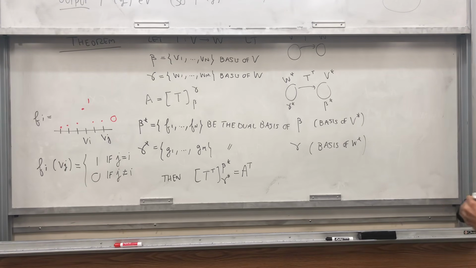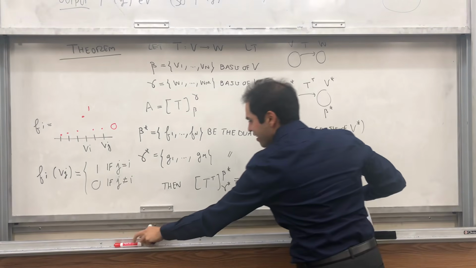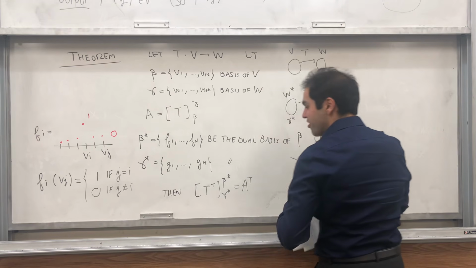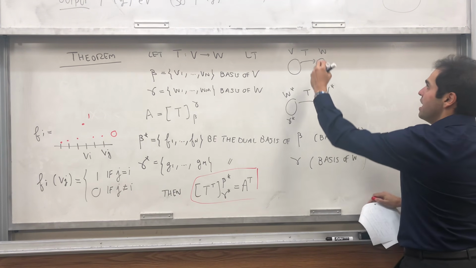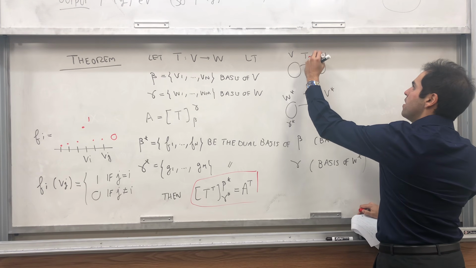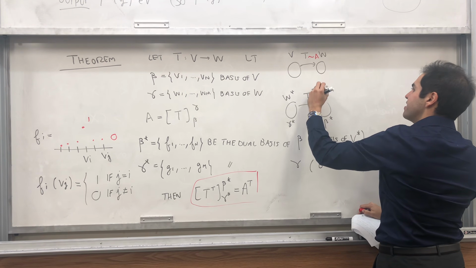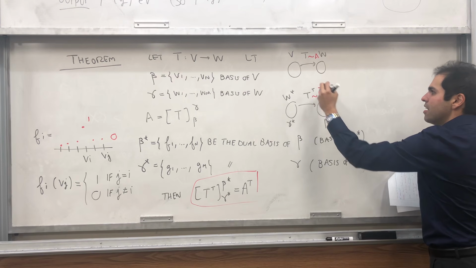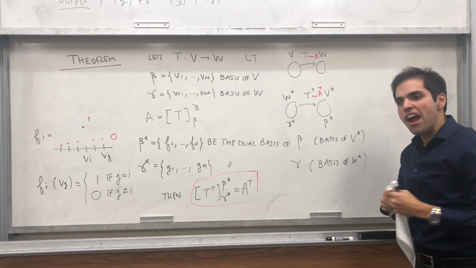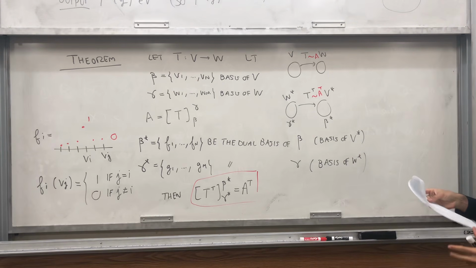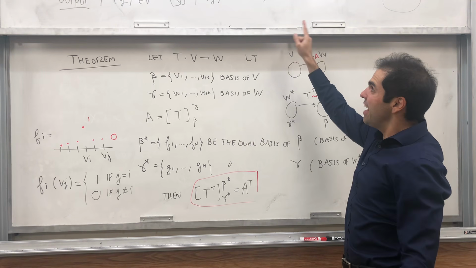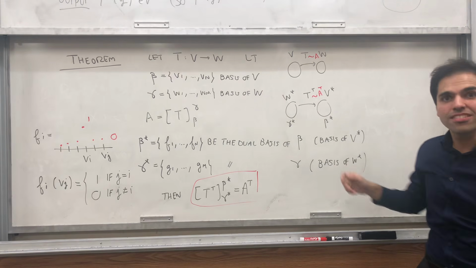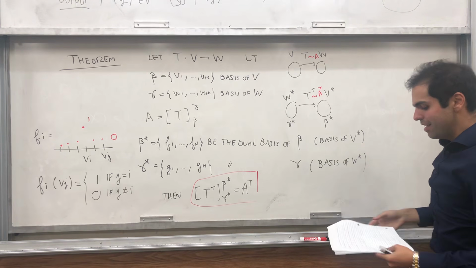And I know, lots to swallow, but all we're saying is, under the most natural of conditions, if T has the matrix A, then T transpose has the matrix A transpose, which gives us a very profound meaning of A transpose. It isn't just a thing where you flip it. It's something very deep that has to do with dual spaces.